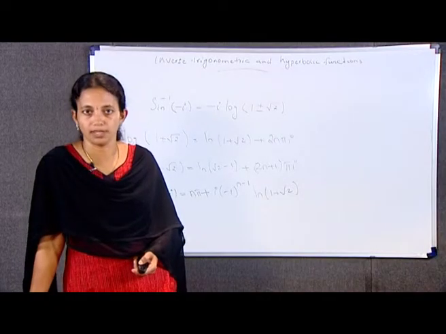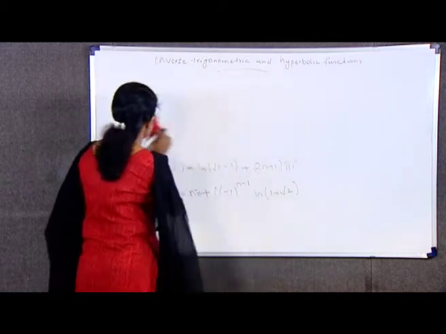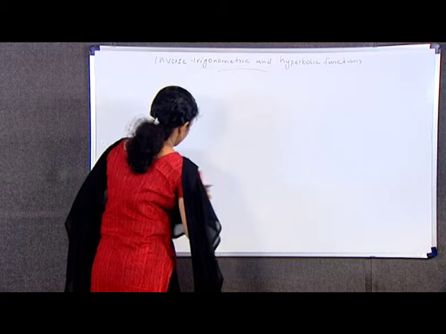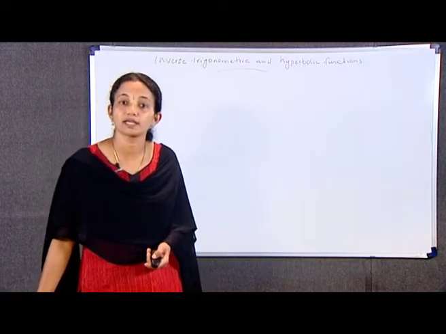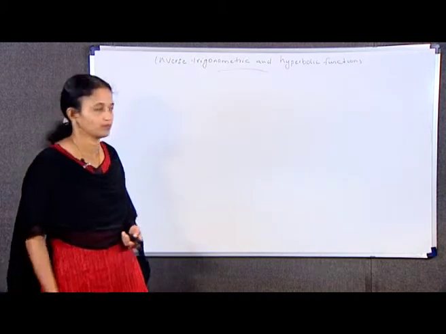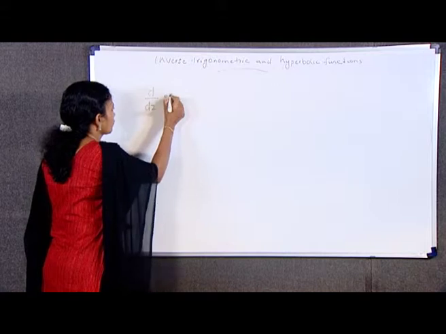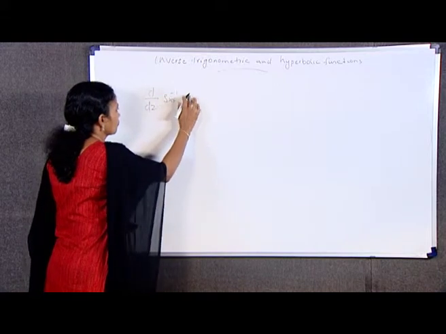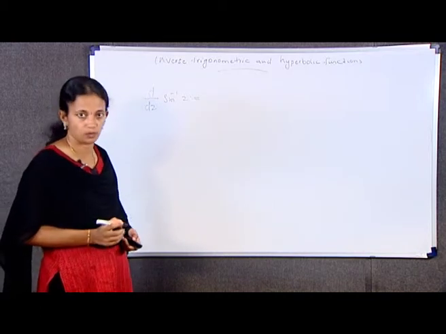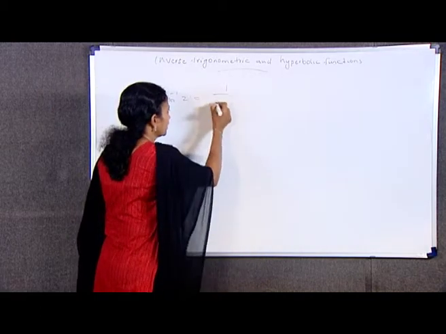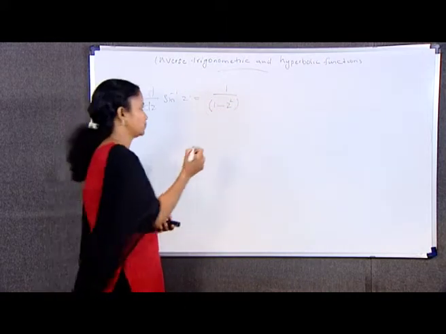Next, we have some derivatives. The first one is d by dz of sine inverse z, which is equal to 1 by 1 minus z square whole raised to 1 by 2.